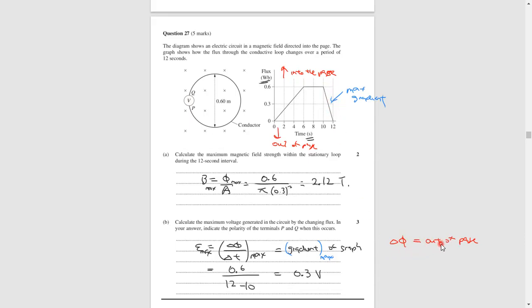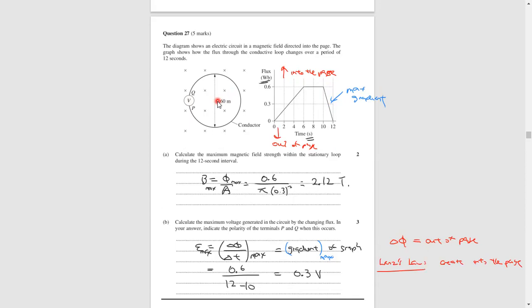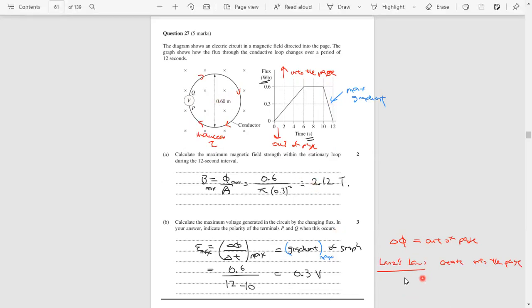So if the change in flux is out of the page, that means by Lenz's law, you will want to create a flux into the page. And using a right-hand grip rule to create a flux into the page, that means it would induce a current in the clockwise direction to try to counteract this change.